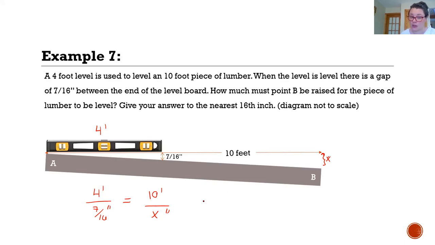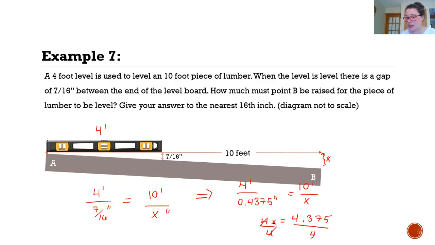In order to solve that, let's turn everything into decimals. 4 feet and 7/16 is 0.4375 inches, equal to 10 feet over x. 4 times x is equal to 10 feet times 0.4375, which gives us 4.375, and divide both sides by 4.